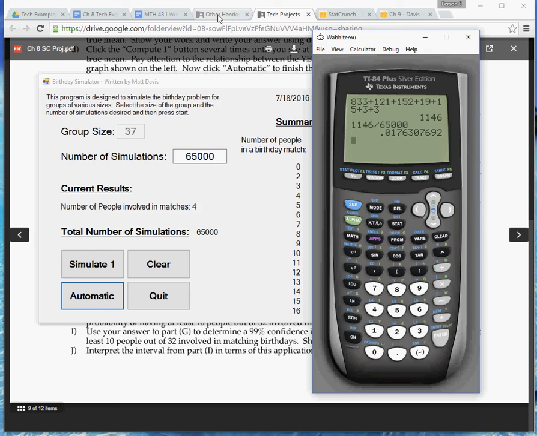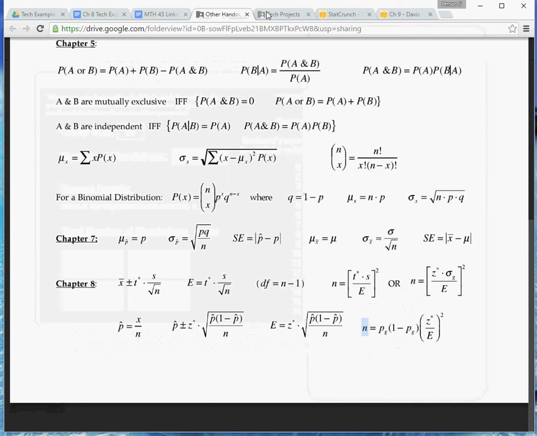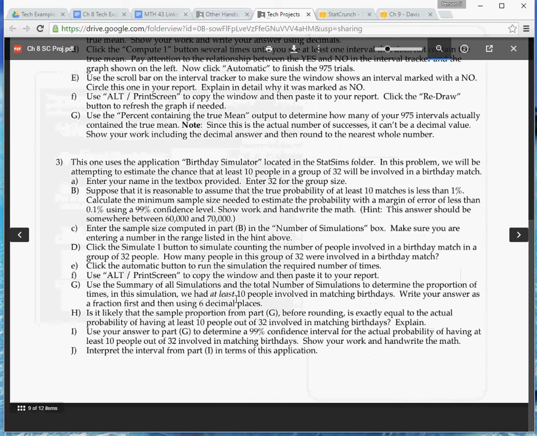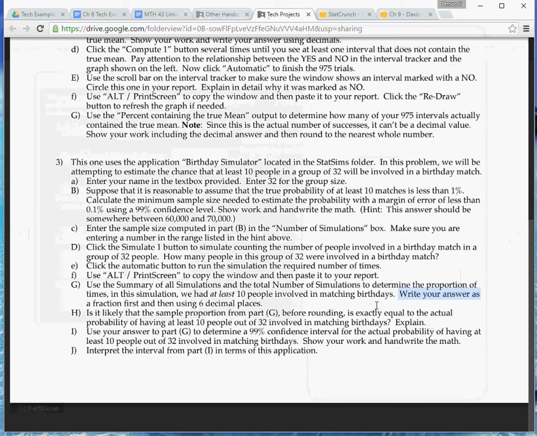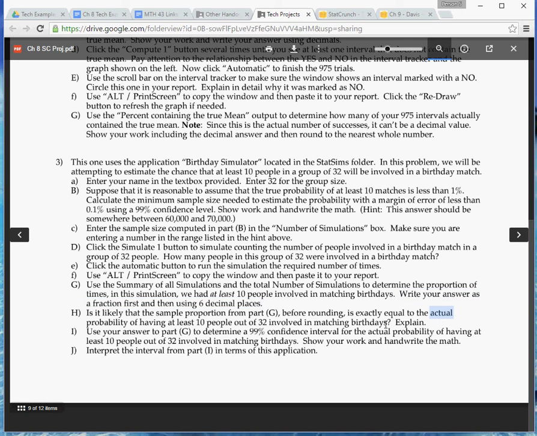Let's see what's left on this project. So we just did that part. Is it likely that our sample proportion from G before rounding is exactly equal to the true probability? What we just calculated in G is a p hat. The actual or true probability is p, and the probability that p hat equals p is always 0.